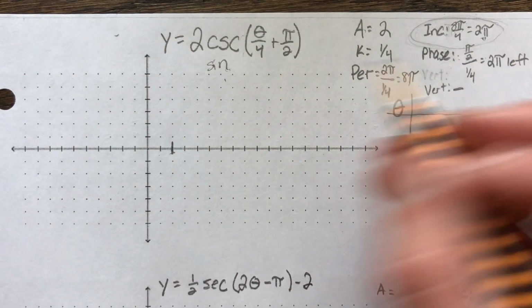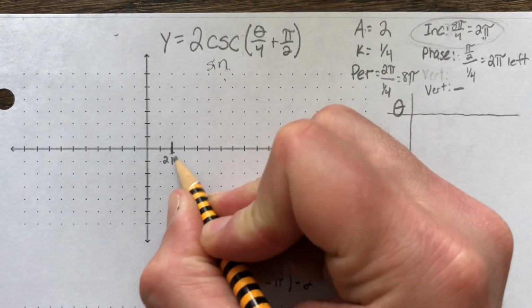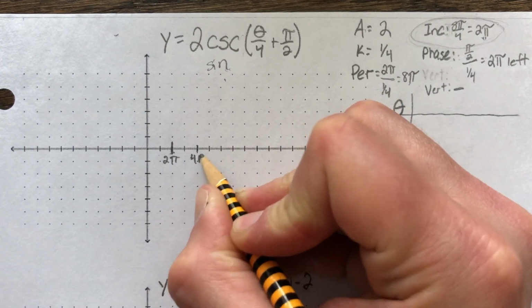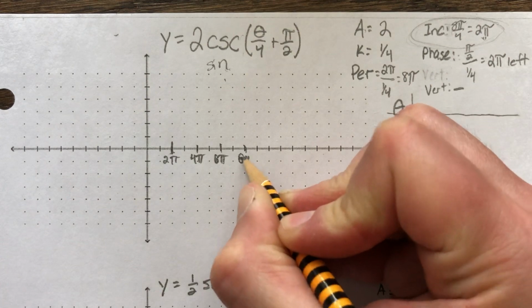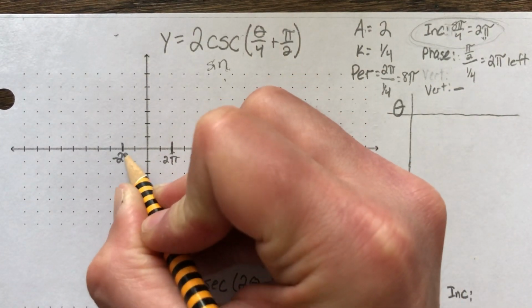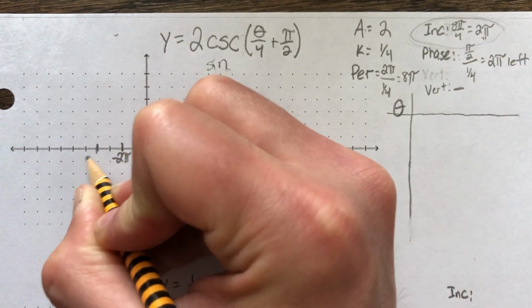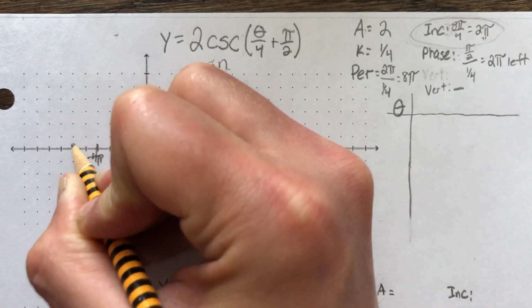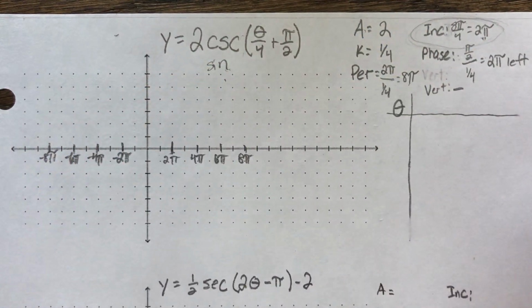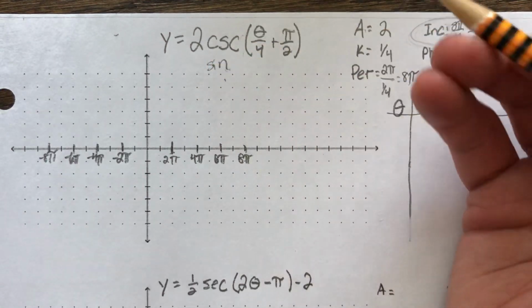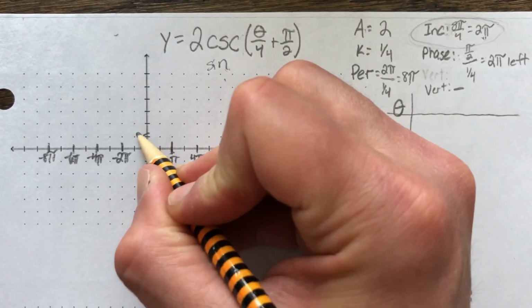So we're going to count by 2 pi: 2 pi, 4 pi, 6 pi, 8 pi, and the negatives. We have an amplitude of 2, so I'll just go once.